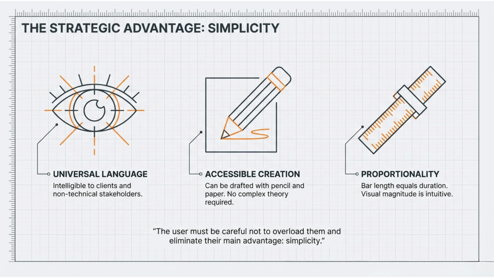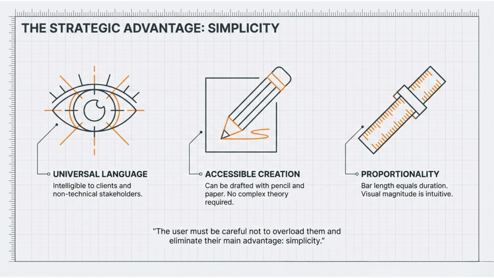A Gantt chart can be read by a structural engineer, a client with zero technical background, a bank funding the project, or a government regulator reviewing your program. No special training required. No decoding. Bar long, task long. Bar early, task early. It is the Esperanto of project management, except unlike Esperanto, people actually use it.